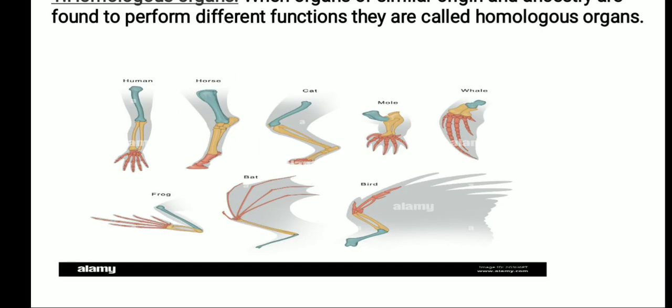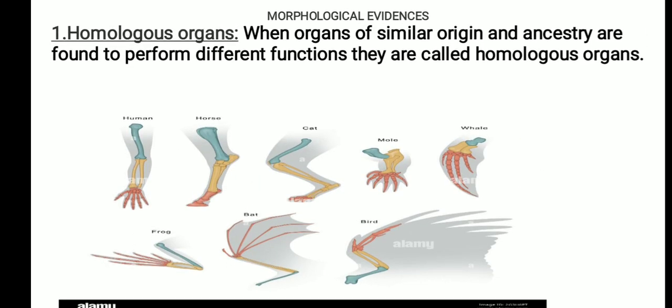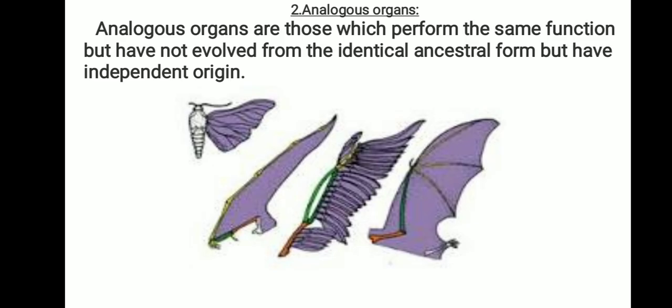All these are performing different functions, but they have a similar structure. Morphology means outward appearance. Outward appearance is similar in all the forearms of these animals, but they are performing different functions.